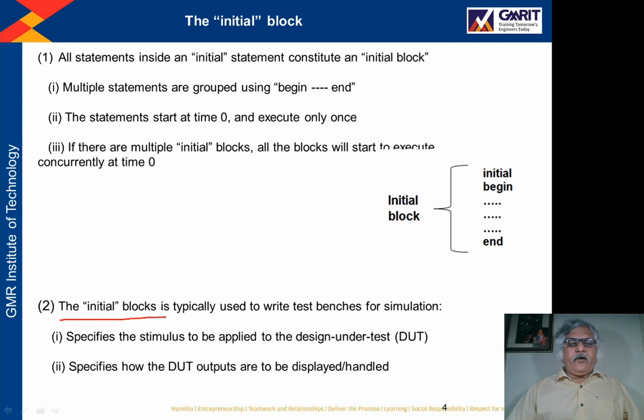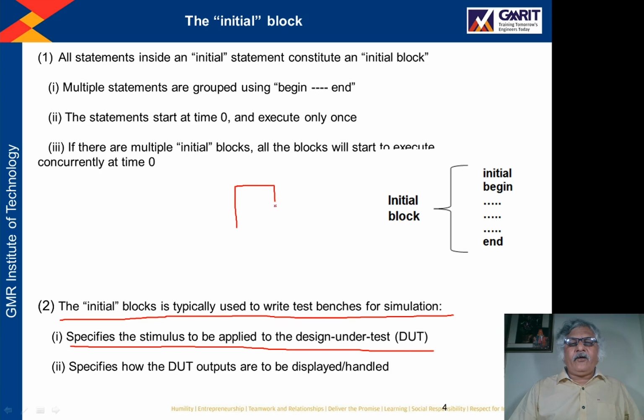The initial block is typically used to write test benches for simulation. It specifies the stimulus to be applied to the design under test. Suppose we have written Verilog code for a 2 input AND gate, and_2.